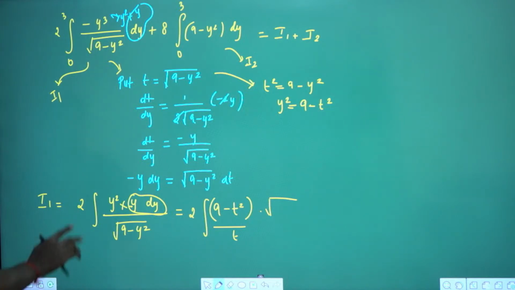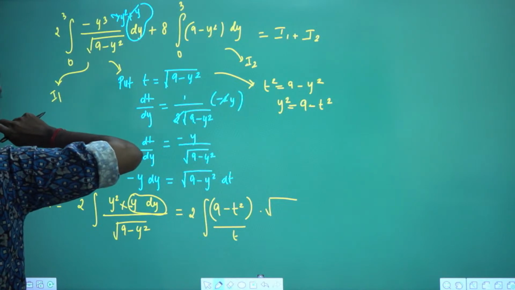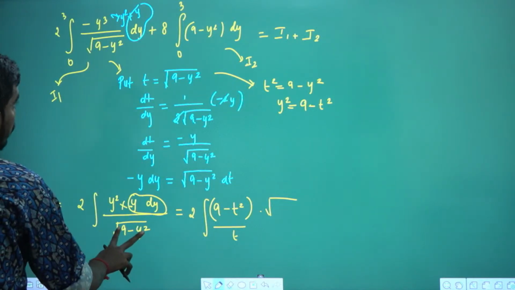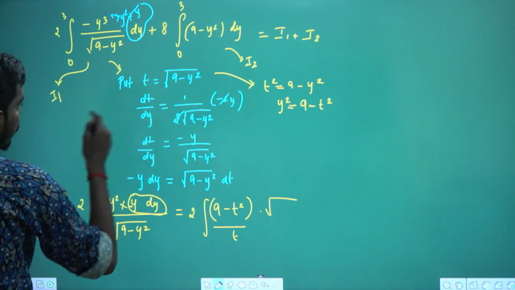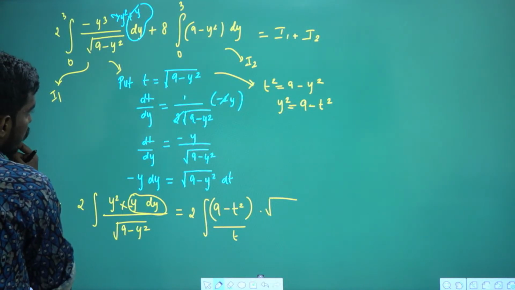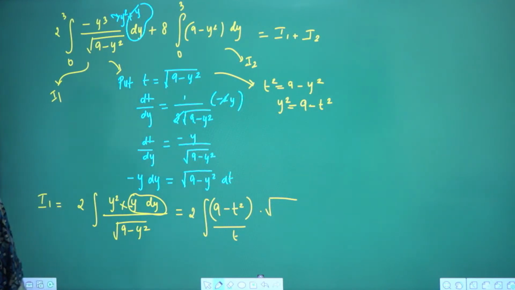I think you are making some mistake. See, here we have y square into y. So t is root of 9 minus y square. This will be t. So dt by dy is 1 by 2 root f of x into f dash of x. So this is minus 2y. So 2 will get cancelled. So we have minus y divided by root of 9 minus y square. Minus y dy is root of 9 minus y square dt.